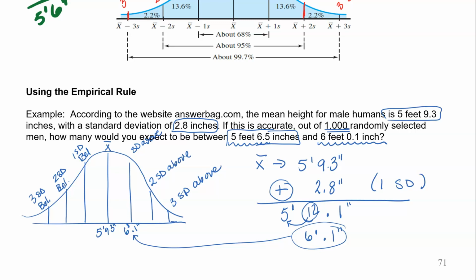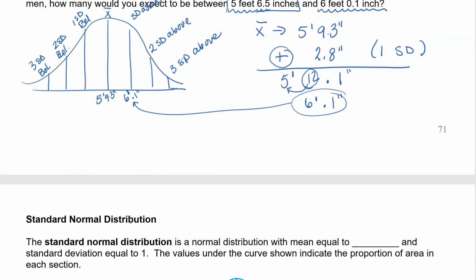Then I'm going to do 1 standard deviation below average. So I'm going to start with, let me scroll up here, my X bar. So my X bar is 5 feet, 9.3 inches. That's my average. And now I'm going to subtract the standard deviation. So this is going to be 1 standard deviation below because I'm subtracting.